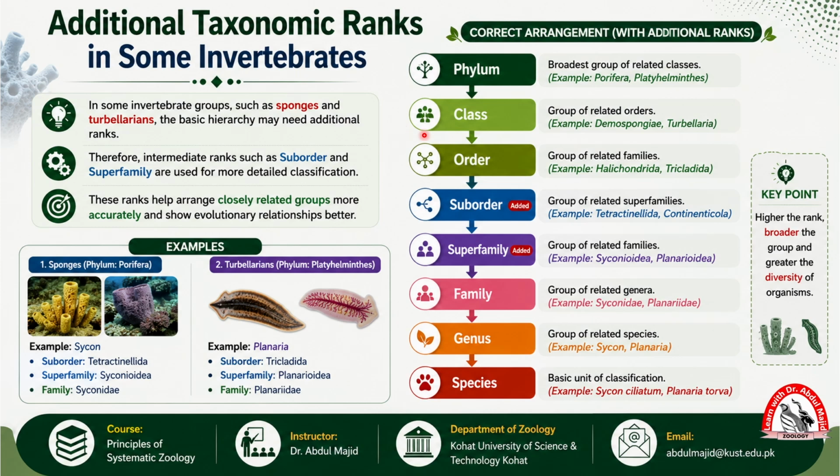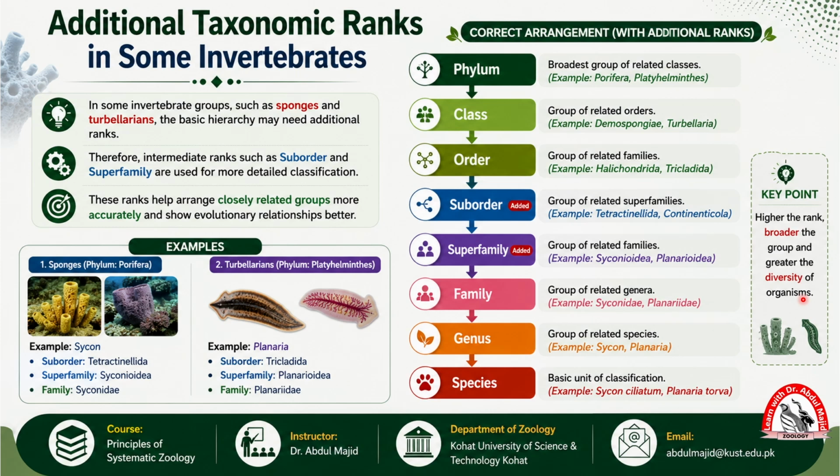In some group of invertebrates, the simple taxonomic hierarchy is not always enough for proper classification. For example, in sponges and turbellarians, scientists often need additional intermediate ranks for more detailed organization. Normally, we use hierarchy: phylum, class, order, family, genus, species.